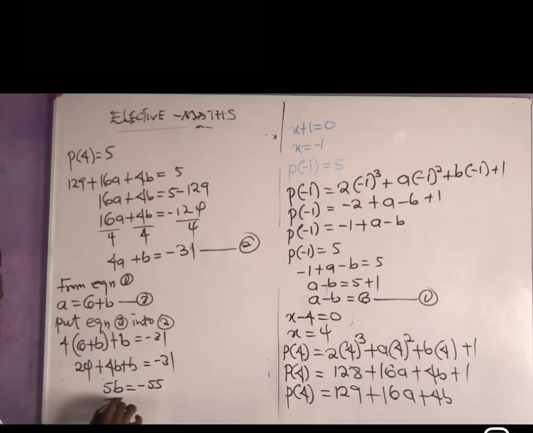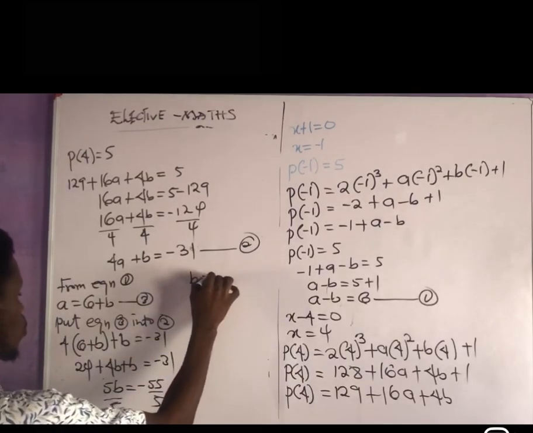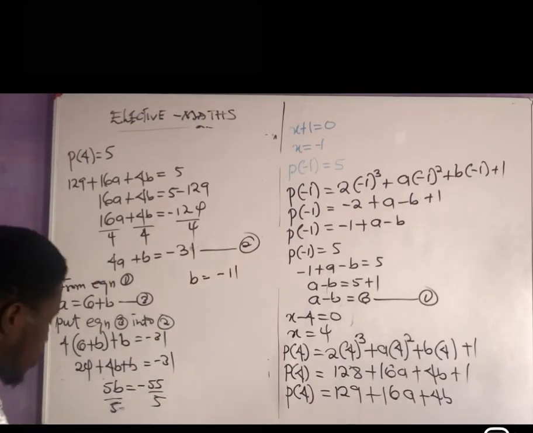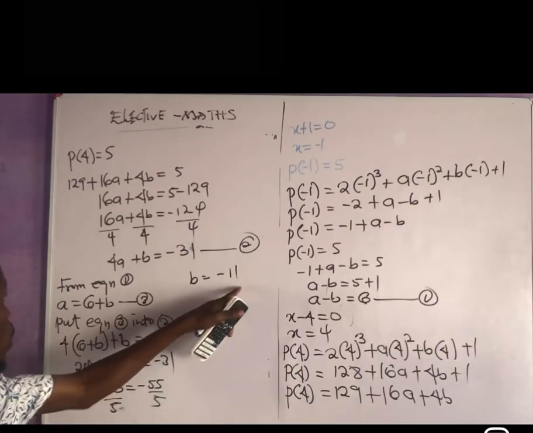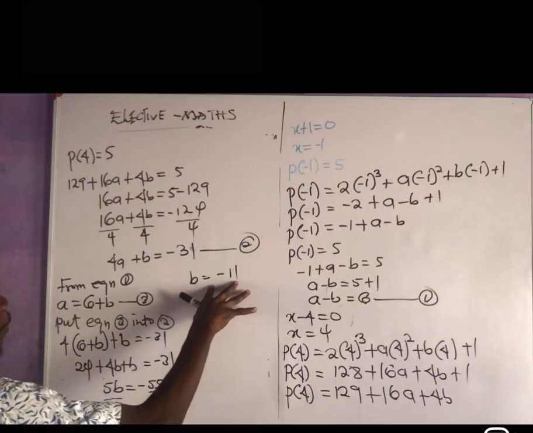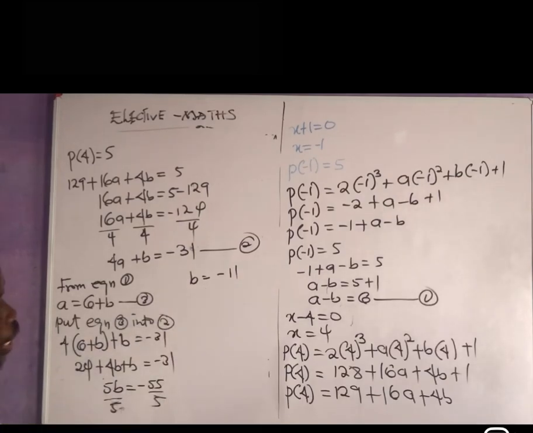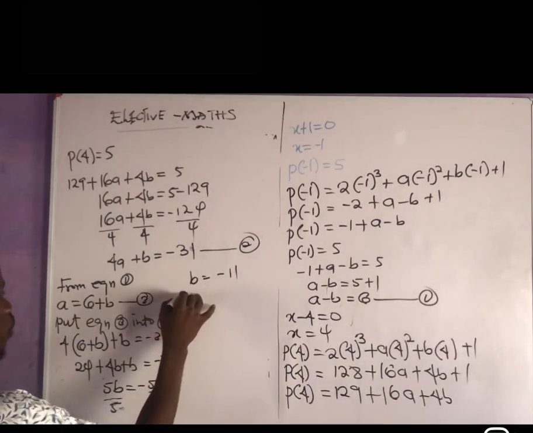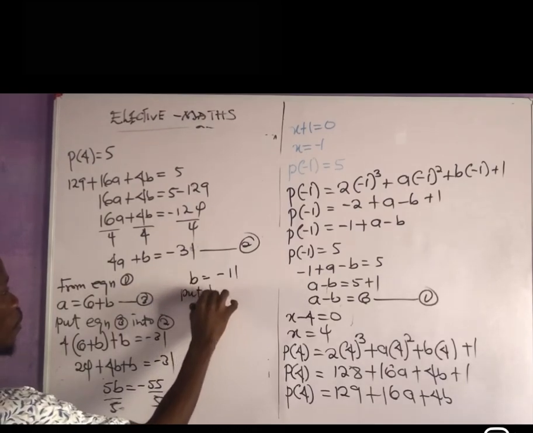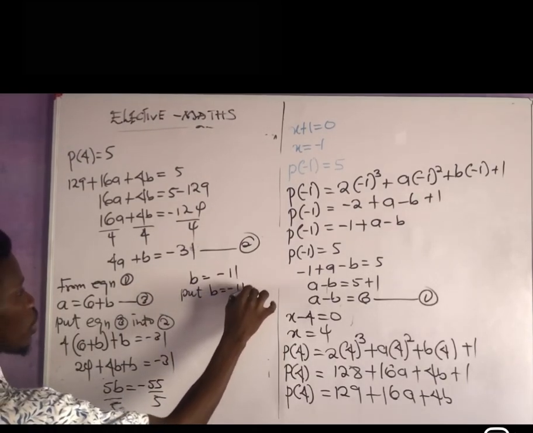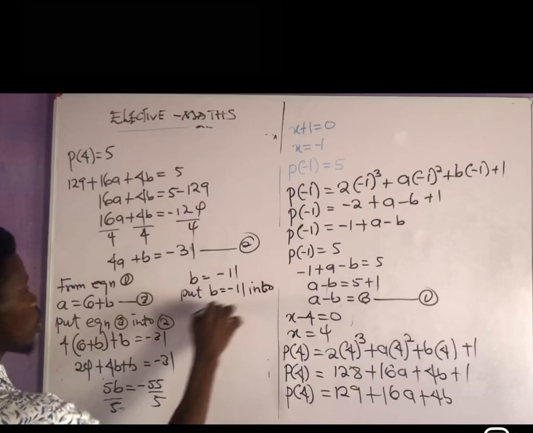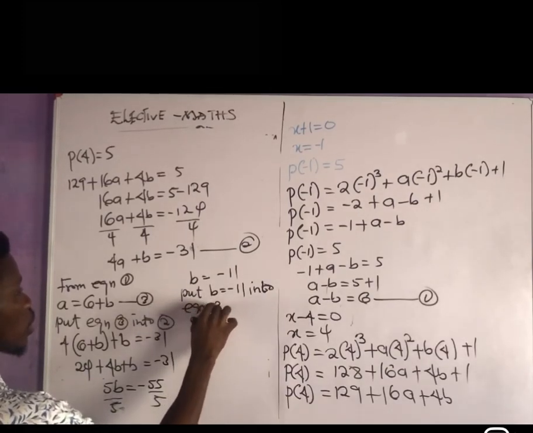Dividing both sides by 5, I have my b to be equals to negative 11. Now from here, let's substitute this negative 11 into equation 3. So we have to put b equals negative 11 into equation 3.